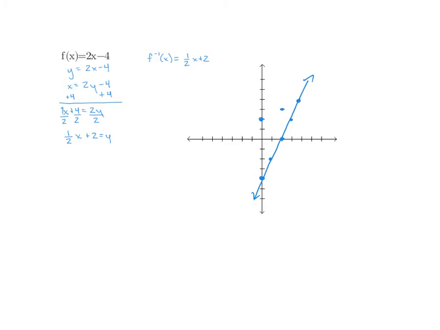Up 1 over 2. And if we draw our line, if you want, you can put a couple other points there. We should also have these ones here. We should get a graph that looks like this.